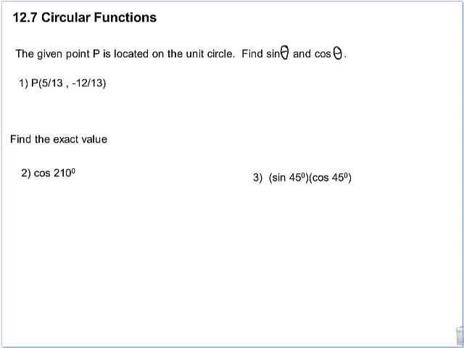Okay, so point P is on the unit circle, somewhere along the circumference, and we want to figure out what sine and cosine should be. Our point P is at 5/13 and negative 12/13. Does anyone think they would know what sine and cosine is?